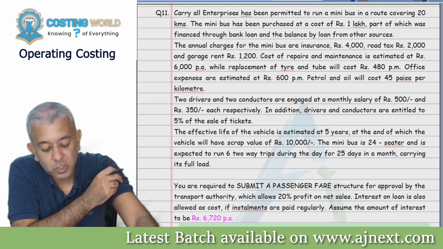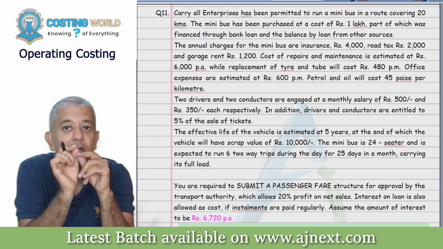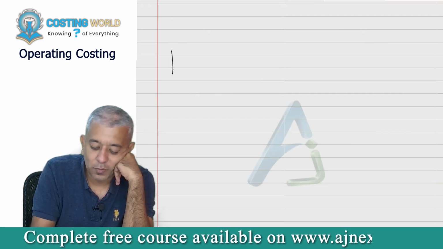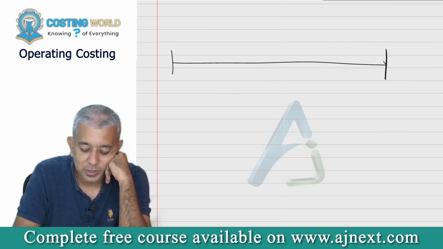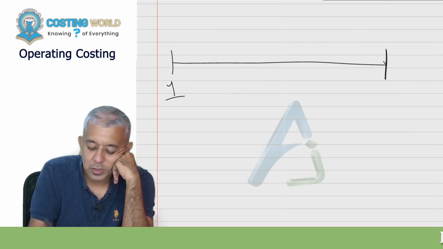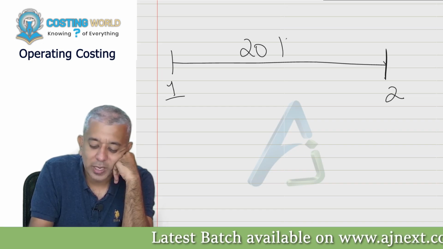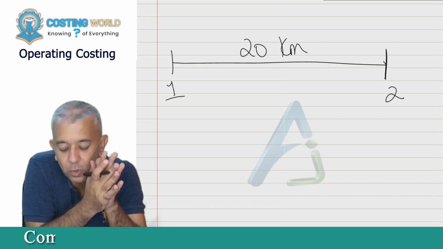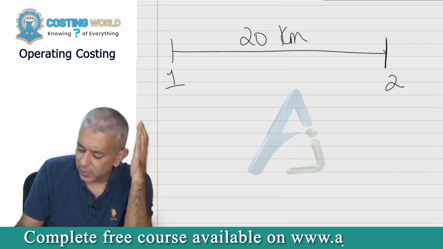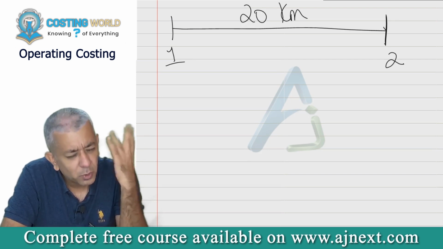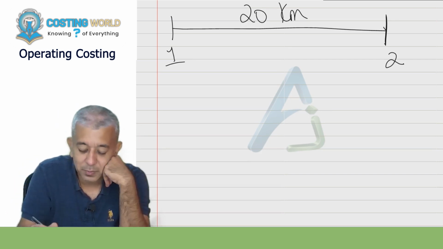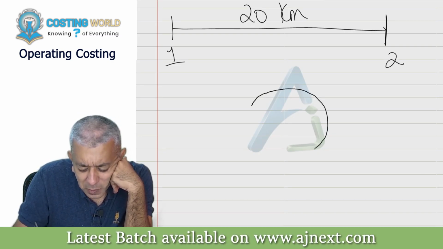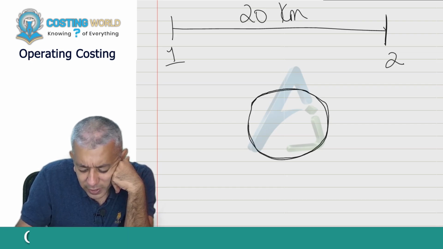Now see, one small thing. Whenever they say in a route covering 20 kilometers, by default it will always mean that the distance of a person going from one place to another place is 20 kilometers. Some people have strange things in mind. They start thinking, sir, if it is a circular route, then this entire thing will be 20 kilometers.